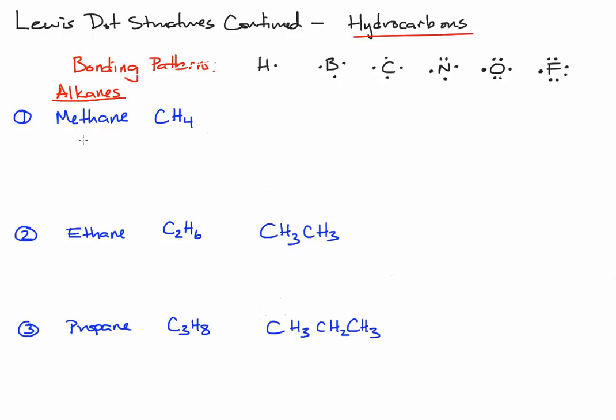So the skill that we want to build is to take the molecular formula and convert that into a Lewis dot structure. So let's first construct a table that's going to tell us how many electrons we have to show in that Lewis dot structure. So we'll list the elements in this column here: carbon and hydrogen.